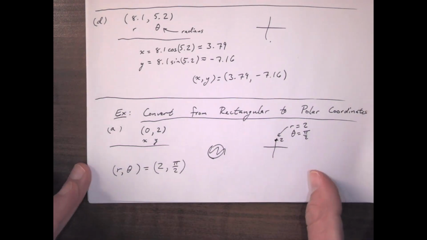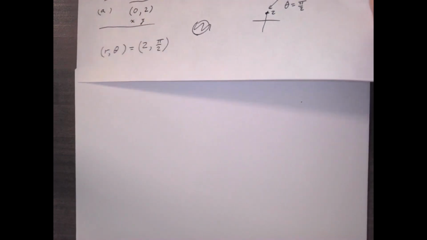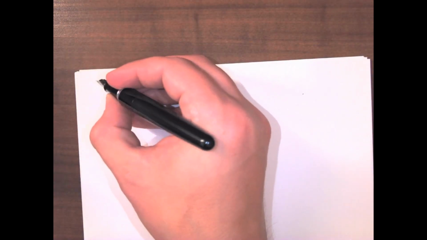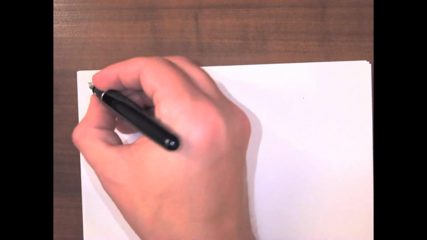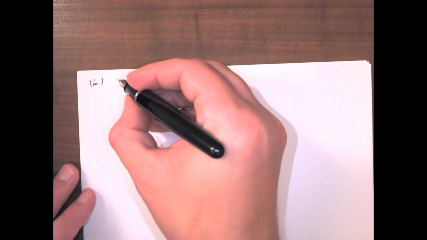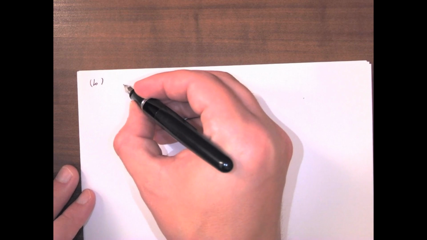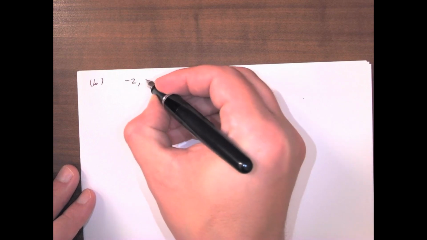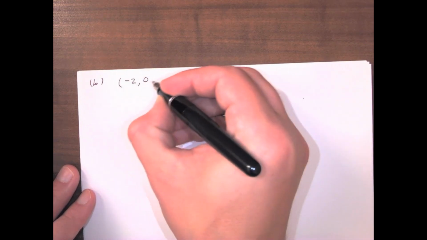If it's not nice and simple, then we have to start calculating. And if it's especially messy, we can't even do it by hand. We need a calculator to do it. But sometimes you get lucky. Let's see about this one. How about if it is negative 2, comma 0?